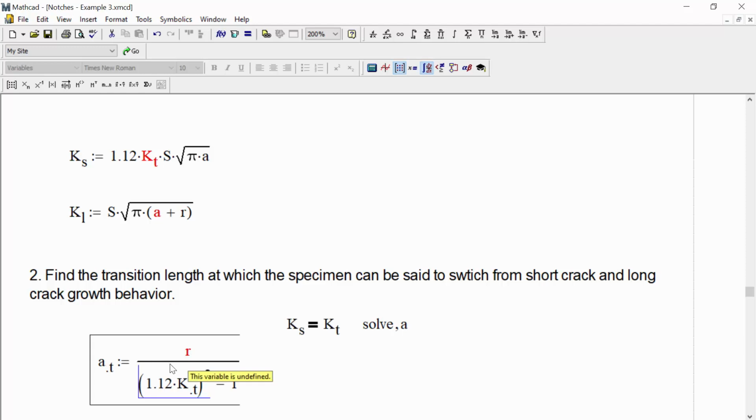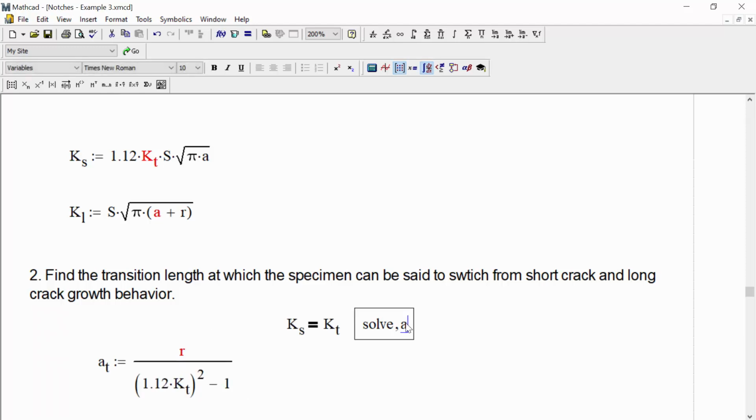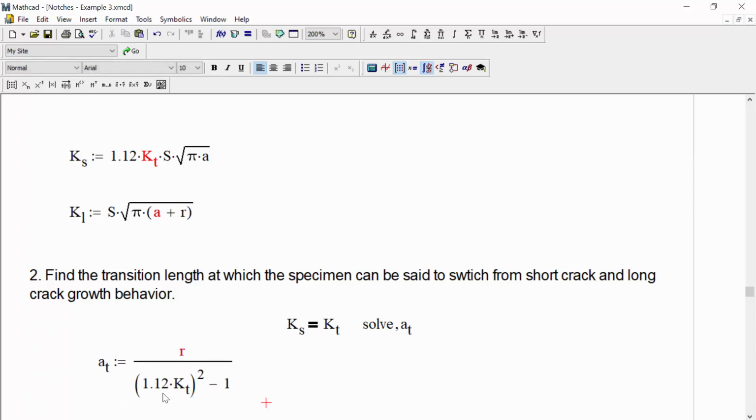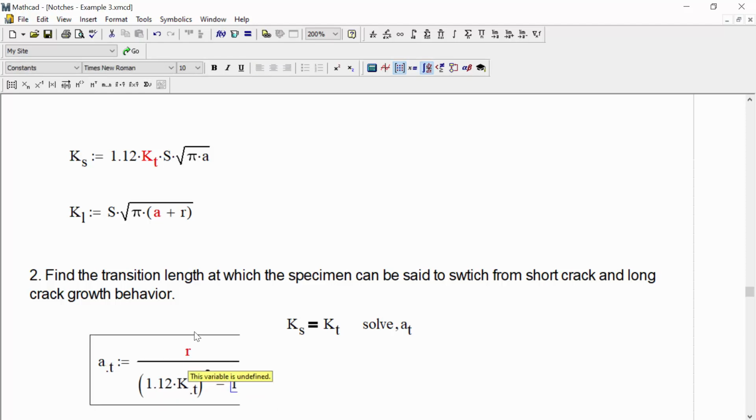When we rearrange, solving for the transition length, we'll find that a_T for this equation is equal to the quantity R divided by 1.12 times KT, all of that squared, minus 1.